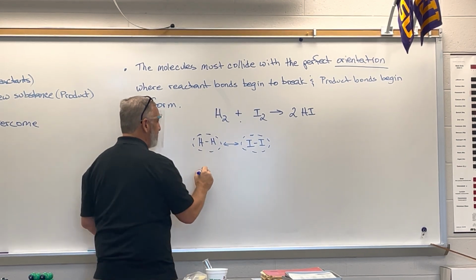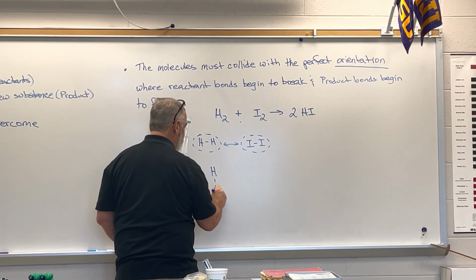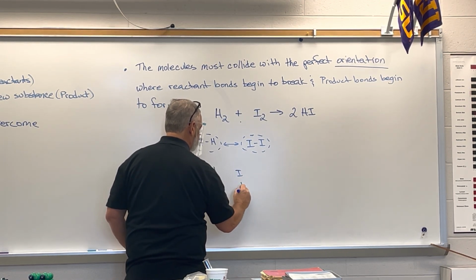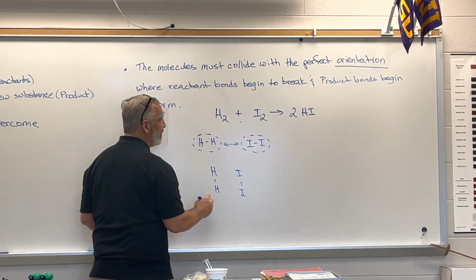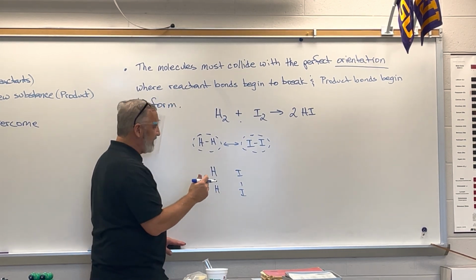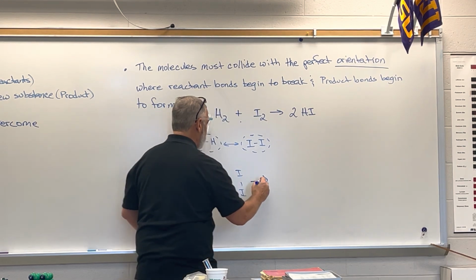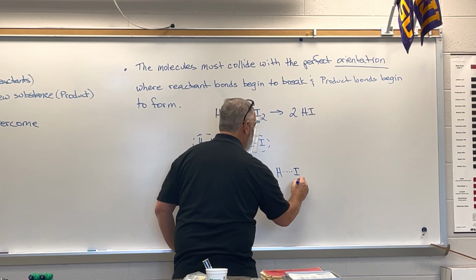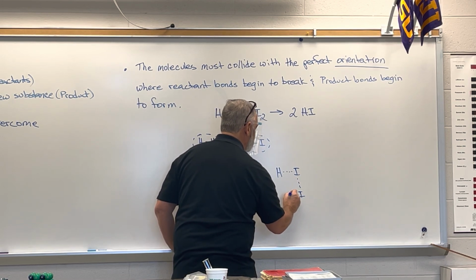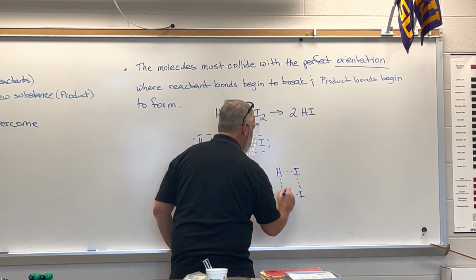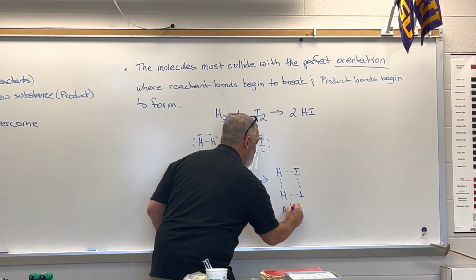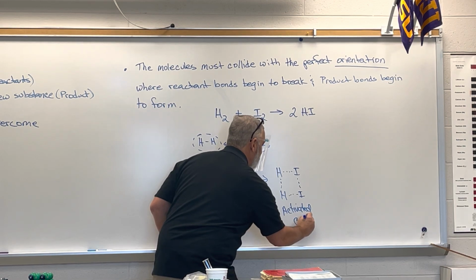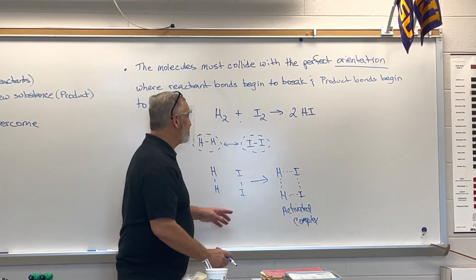The reality is that we need them to collide like this. And so at the activated complex, what you're going to end up getting is this bond beginning to form and these bonds beginning to break. So this is your activated complex, where it's somewhere right in between.